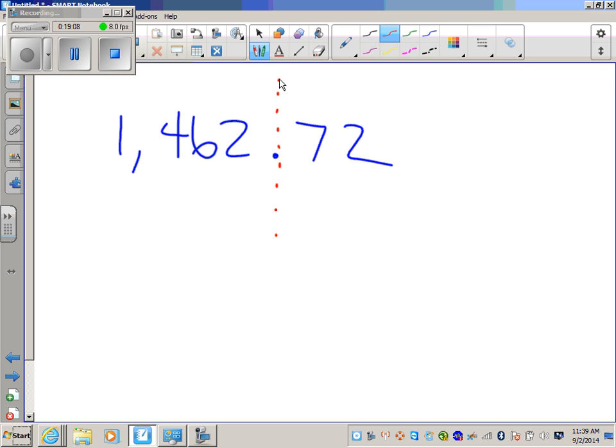Remember, once we get past, remember things work a little bit differently on the whole number side as they do on the decimal side. So the first one I'm going to look at is the 1. I'm going to say, okay, how many places come after the 1 until I get to the decimal? 3. Okay?